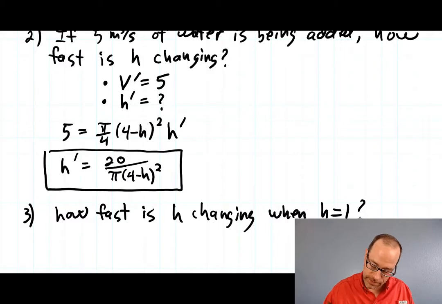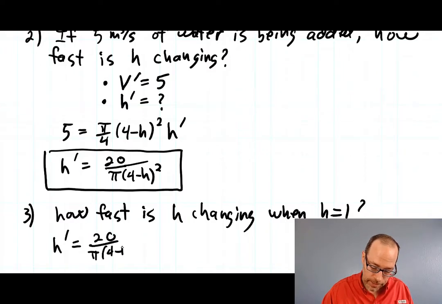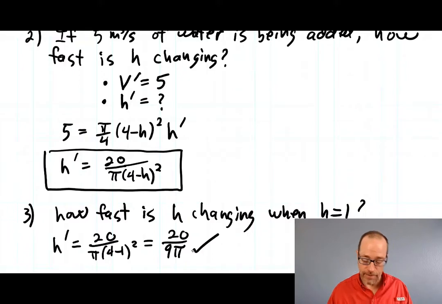Well, you just plug in this last bit of data. H prime is equal to 20 all over pi times (4 minus 1) squared. So that's 20 all over 9 pi. And then you have your answer.